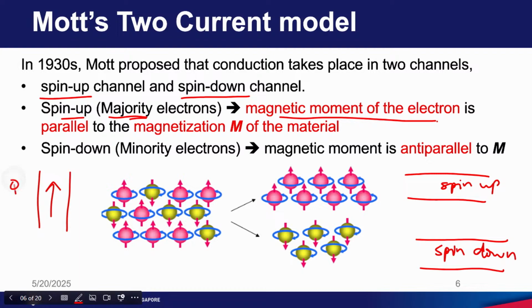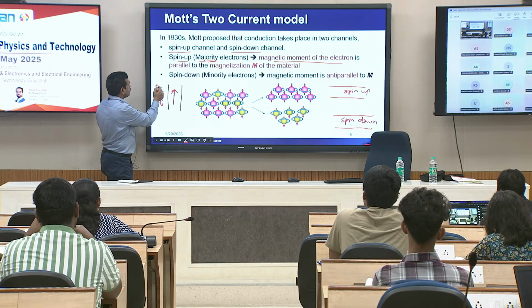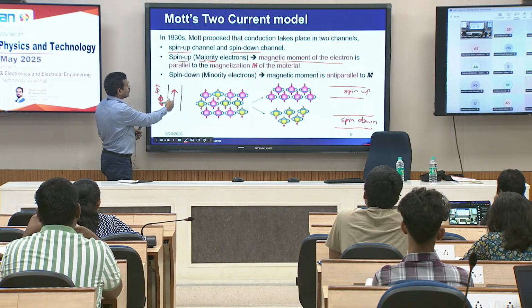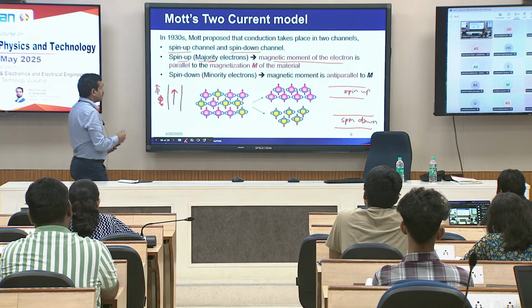Okay. So, you have spin up electron, spin down electron. So, here I am naturally saying spin up, spin down, because I already have in mind that this is parallel to this. Okay. The magnetic moment of this particular electron is parallel to this. So, we call it spin up electron, and the magnetic moment of this electron is anti-parallel to this. So, we call it spin down or minority electron.